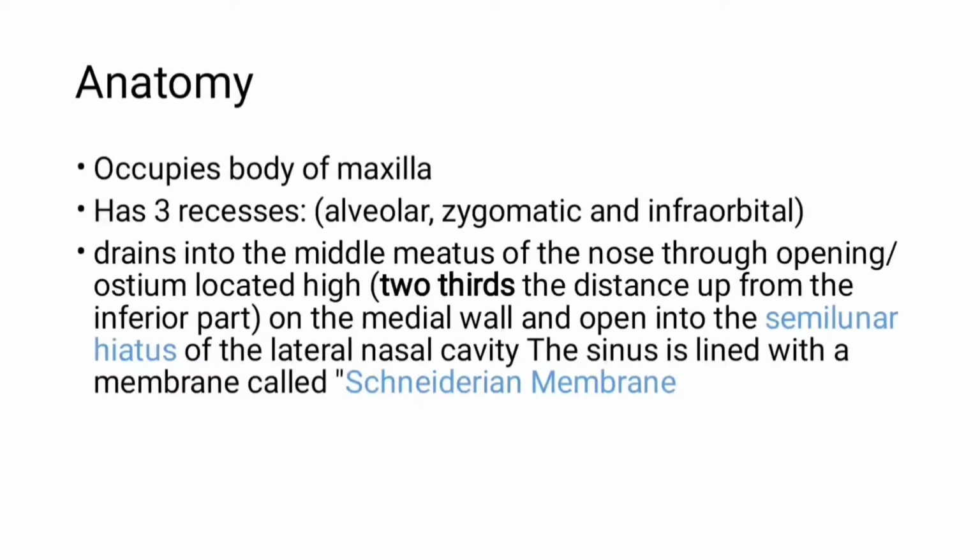The maxillary sinus drains into middle meatus, which is located below the middle turbinate. The opening of maxillary sinus is located high in the lateral nasal wall, as we'll see now, meaning 2/3 the distance up from the inferior part.